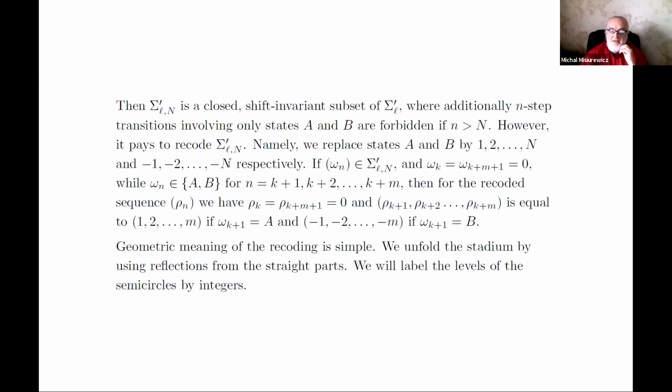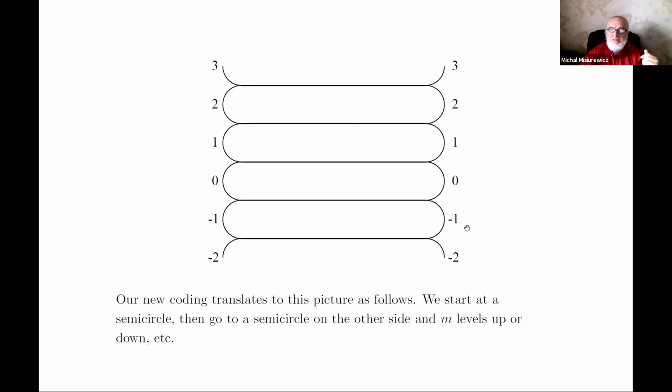Okay, and then we record this sequence in the natural way. And maybe the best thing is to look at the picture. So we unfold this billiard. And now we look at the trajectory here.